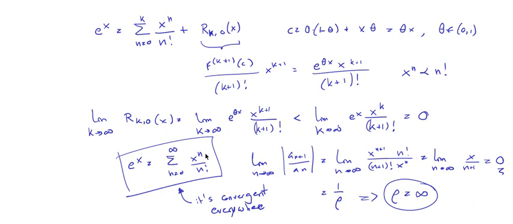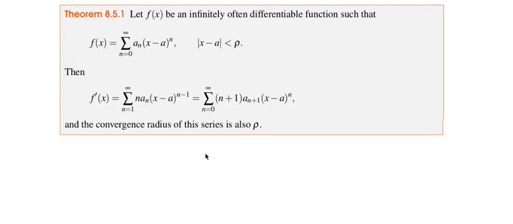Now, it's interesting to express functions as a power series because we have this nice property. If we have f to be an infinitely differentiable function, so that we can express it as a power series, right? Then the derivative of f is just the derivative of the series, right?